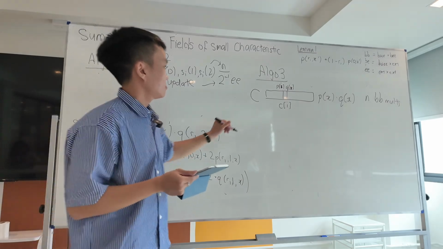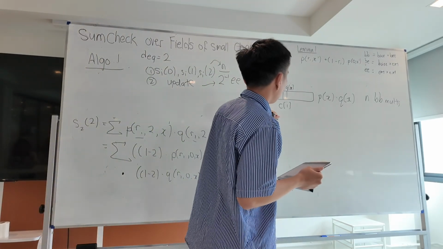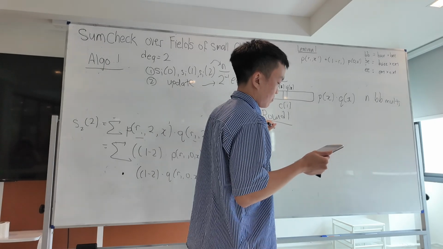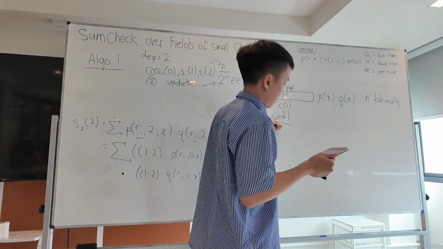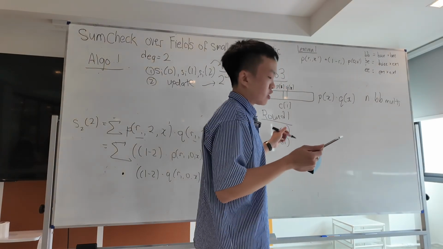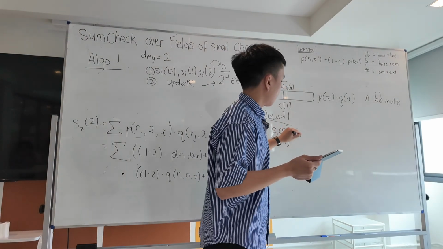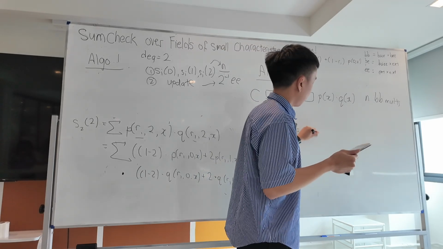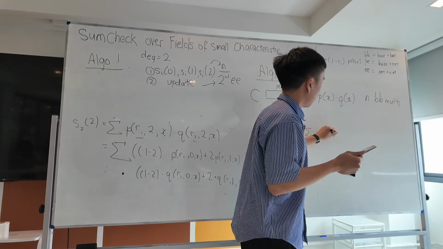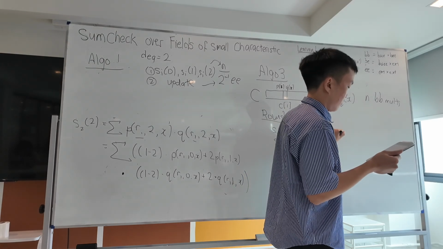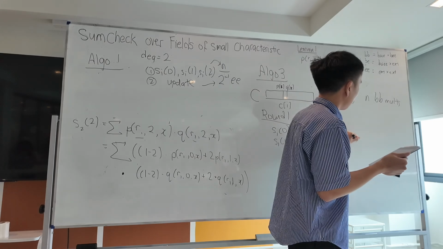So in round 1 of this algorithm, when you calculate S1 of 0 and S1 of 1, recall that we want P0 of x and Q0 of x.